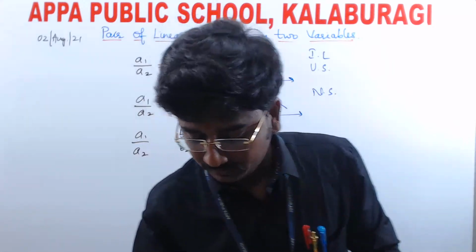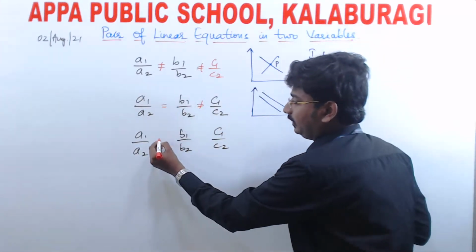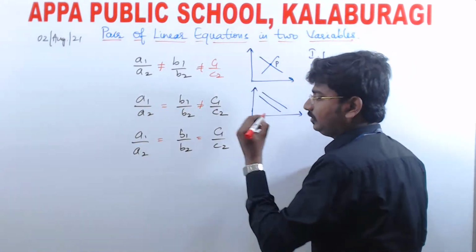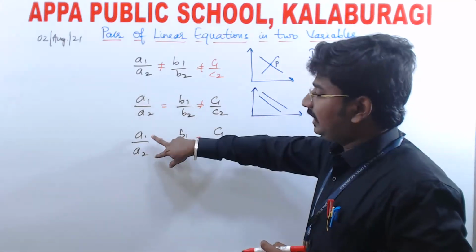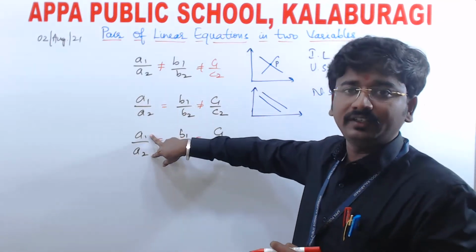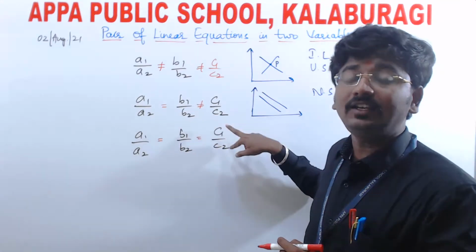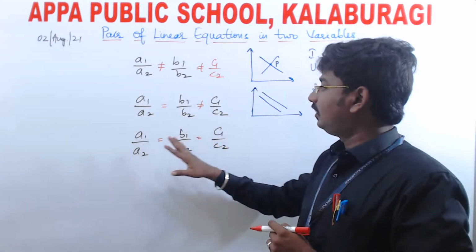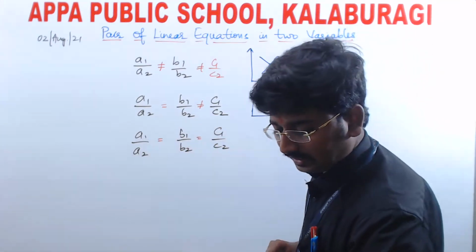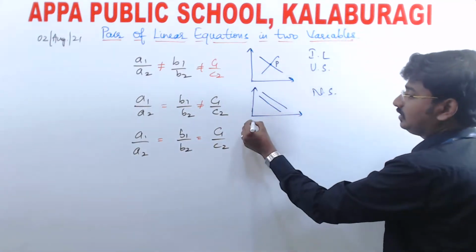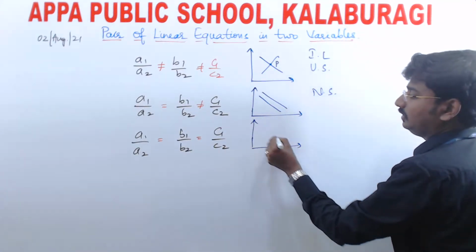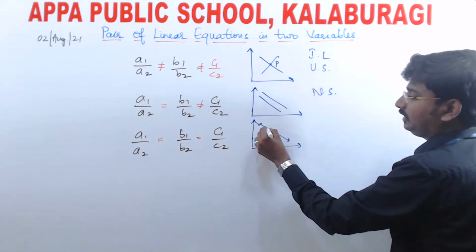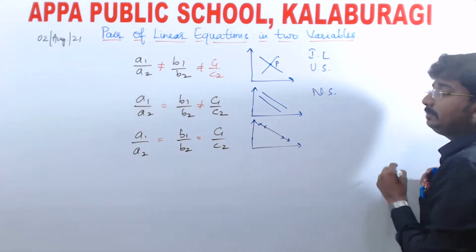Then the last was A1 by A2 equal to B1 by B2 equal to C1 by C2. The ratios of x coefficients, y coefficients, and constants are all equal to each other. Then they are coincident, means the two lines coincide with each other. Line 1 on line 2, means they are dependent.